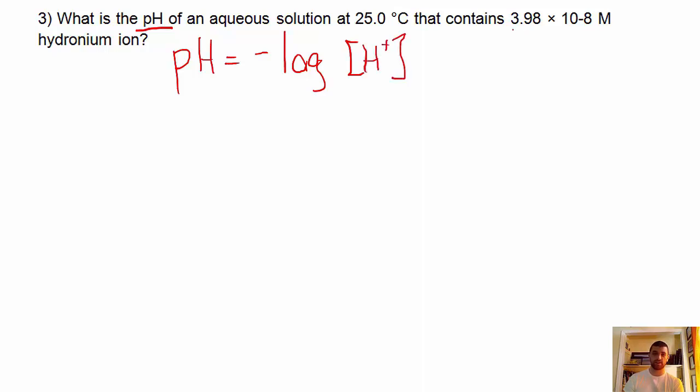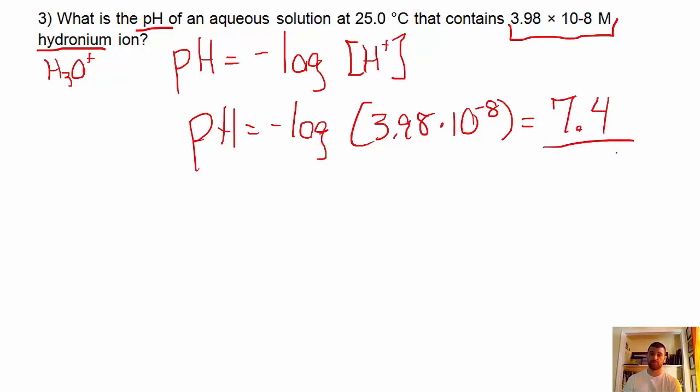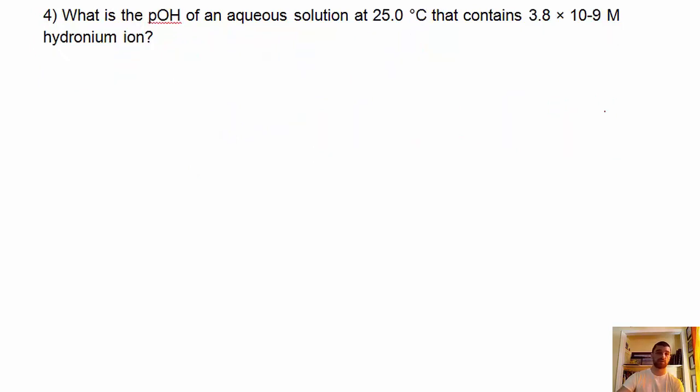They gave us the H3O plus, which is the H plus ion concentration. So we just plug it in. pH equals negative log of 3.98 times 10 to the negative 8, and that gives us 7.4. That's it.